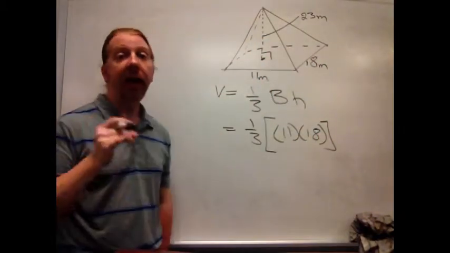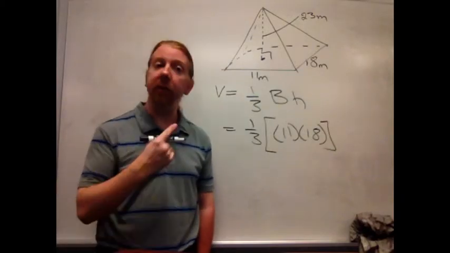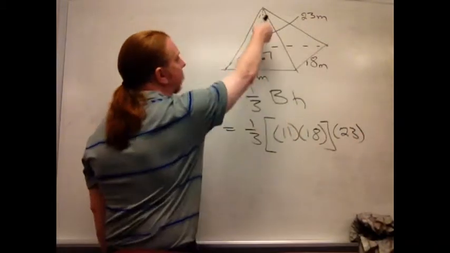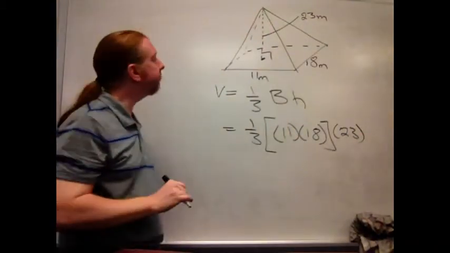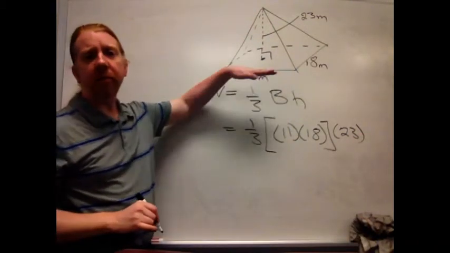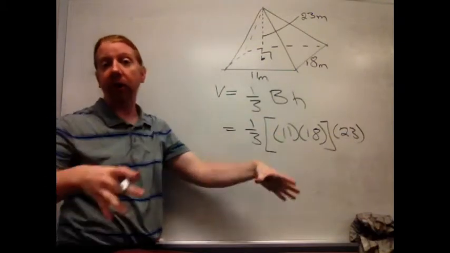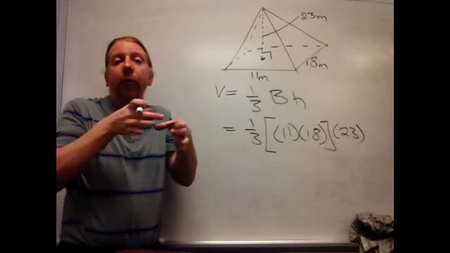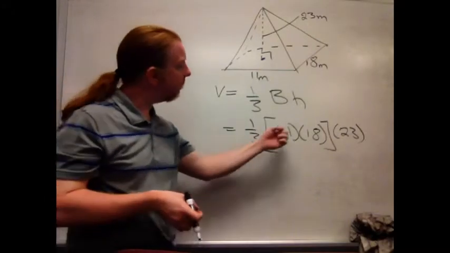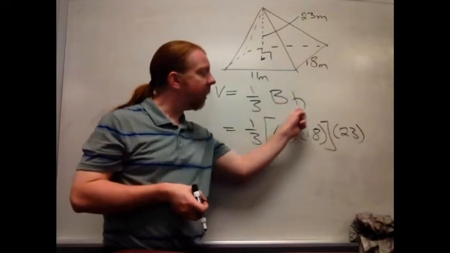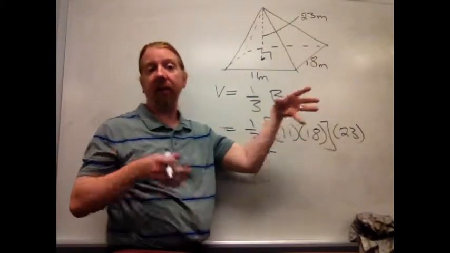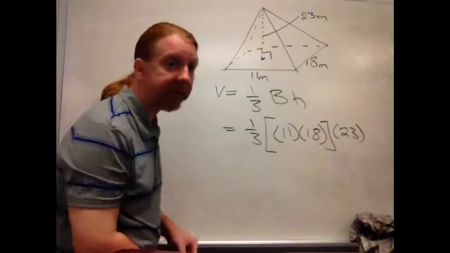And now I can look at the altitude or the height of my prism. In this case, it's 23. Again, think of this as having been stacked and then shaved off. I've cut off pieces. Or perhaps you could think of it as a stack of ever shrinking rectangles. So again, start with your original base and multiply that by the height of that shrinking stack that eventually comes down to just a little point there at the top.